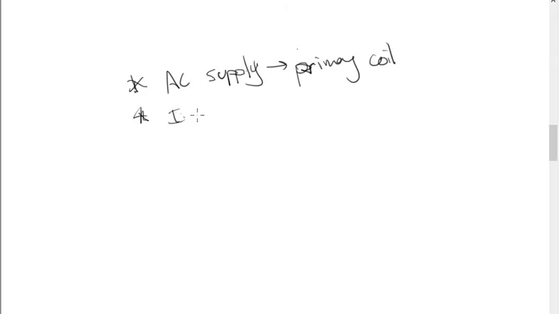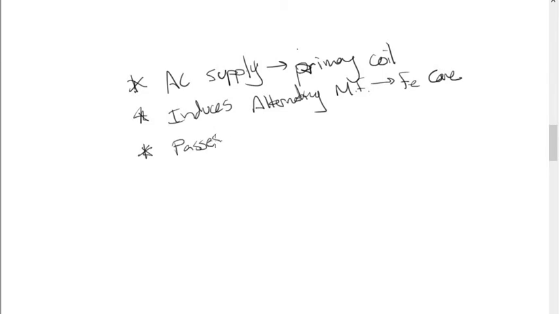It induces an alternating magnetic field generated by the coil to pass through the iron core, right? Then what? This alternating magnetic field passes through the secondary coil.